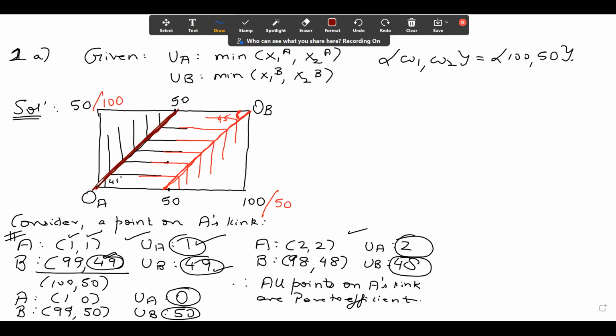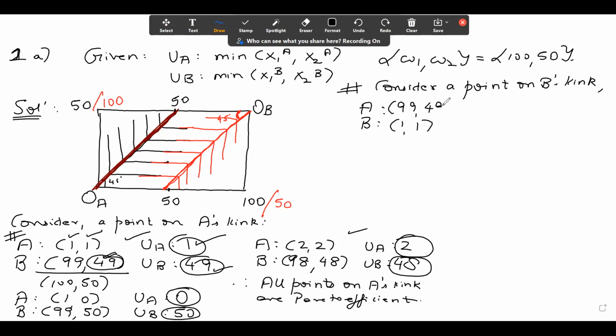Now let's look at B's kink. Okay. So consider a point on B's kink. If you look at B's kink, guys, now B has 1,1 and A has 99,49. And you can use the same logic.